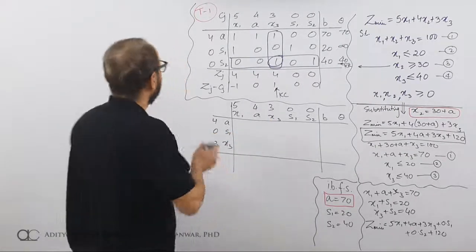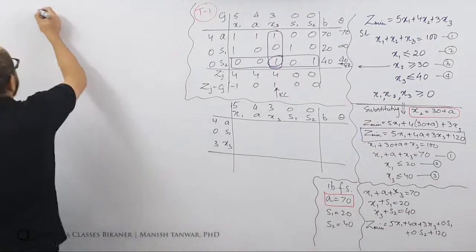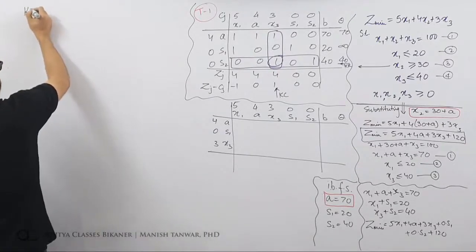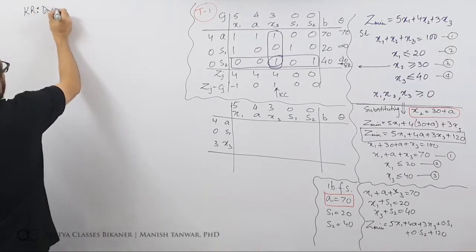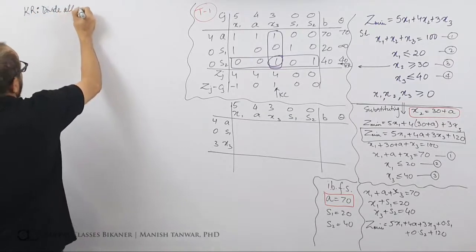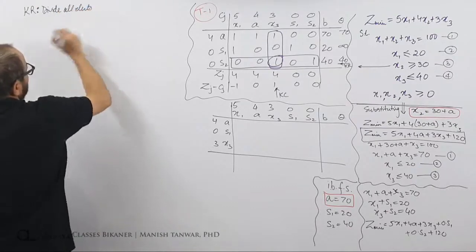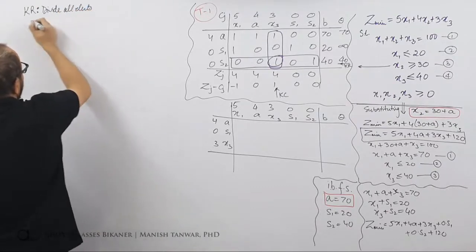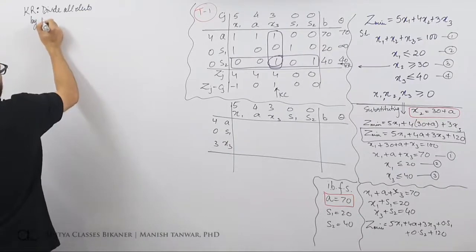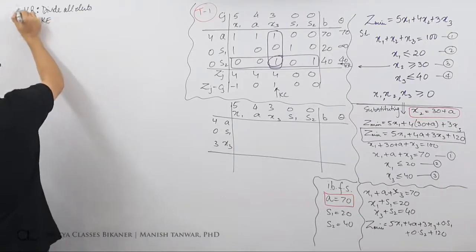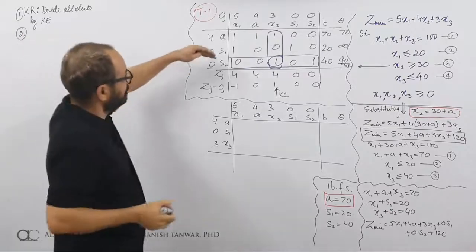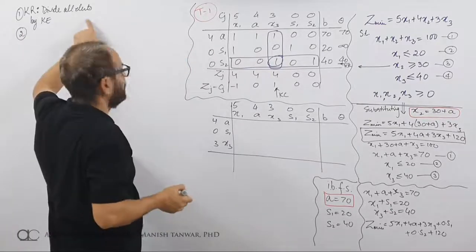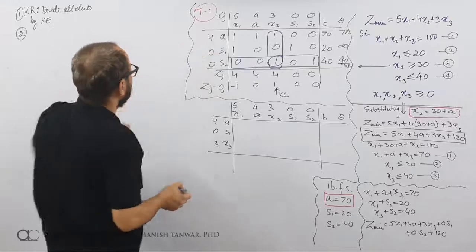What are the rules? The rules are, for key row, divide all elements by key element. Then there is another rule for all other rows. For this, I will be making use of this rule, the key row rule. Then there are two other rows.